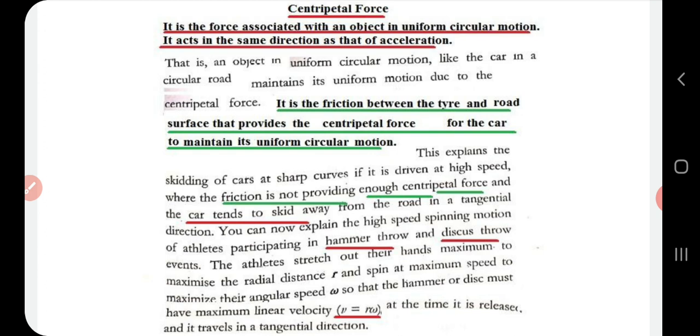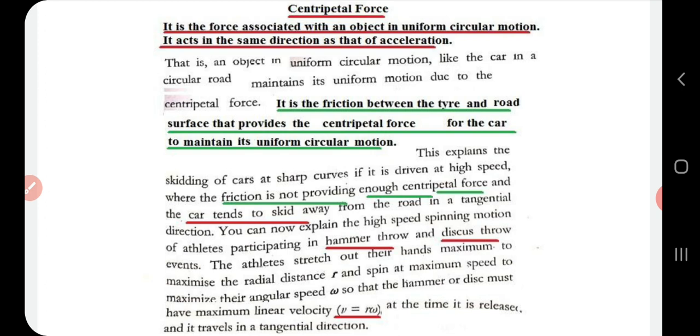So when r and omega increase, when the disc is released, the disc will go away with the maximum linear velocity v equal to r omega, and travel in a tangential direction.